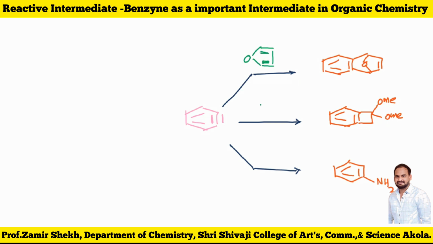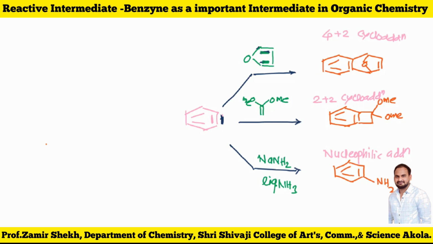In the second reaction, I am using a 2+2 addition. And here NaNH2 in liquid ammonia. What various reactions are there? The first reaction is classified as a 4+2 cycloaddition. The second reaction is called a 2+2 cycloaddition. And the third reaction is called a nucleophilic addition.